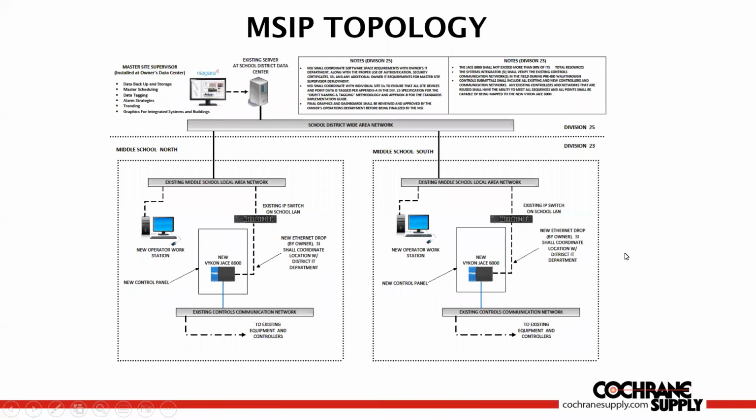So this is an actual project. This is a drawing that I did for a customer where they had 2 middle schools, but they wanted to hire a master systems integrator for the district. Because a master systems integrator is not actually installing and purchasing anything for the most part, that can be a consulting contract.